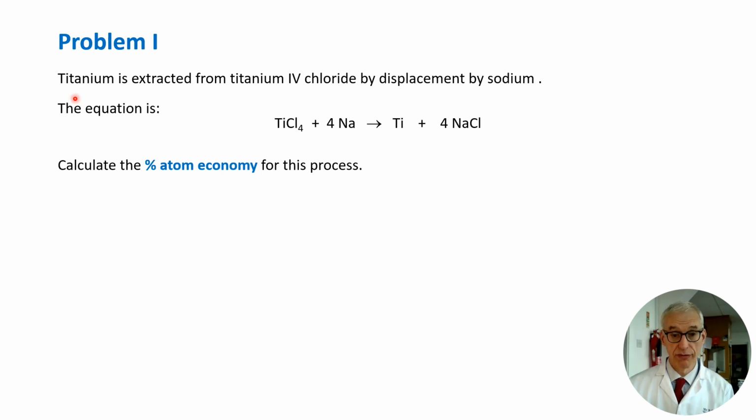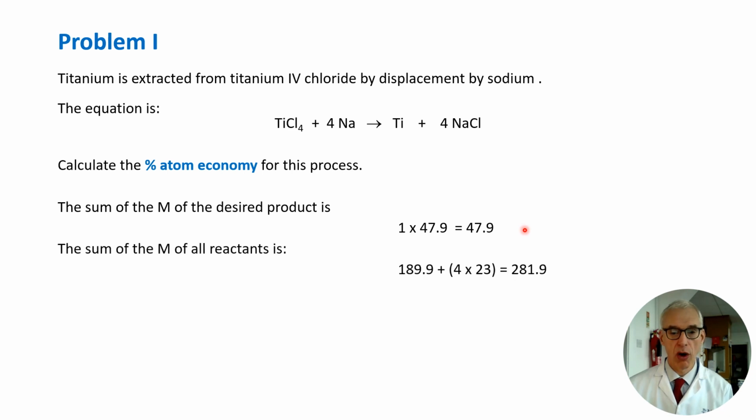So I'm going to reveal the sum of the desired product. Well, we simply have 1 titanium, so we don't need to do any multiplication. 1 times 47.9 is the relative atomic mass, or the molar mass I should say, of titanium.